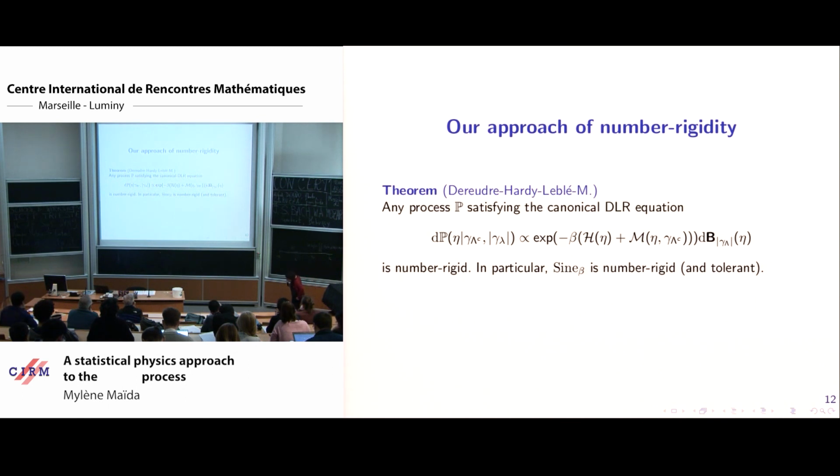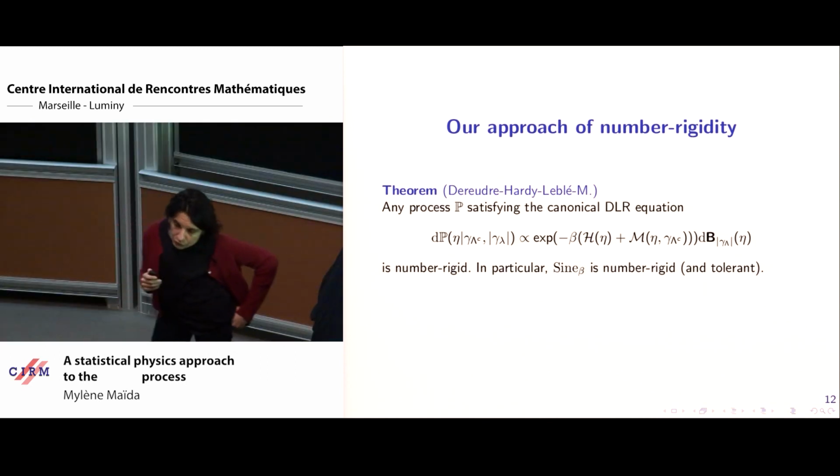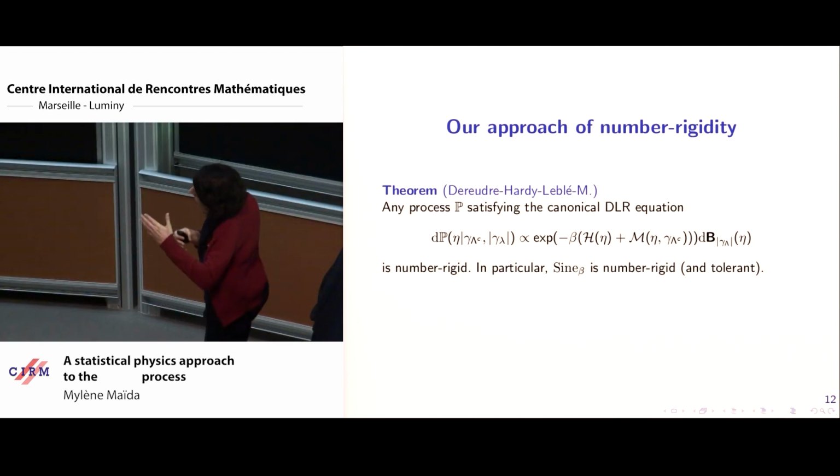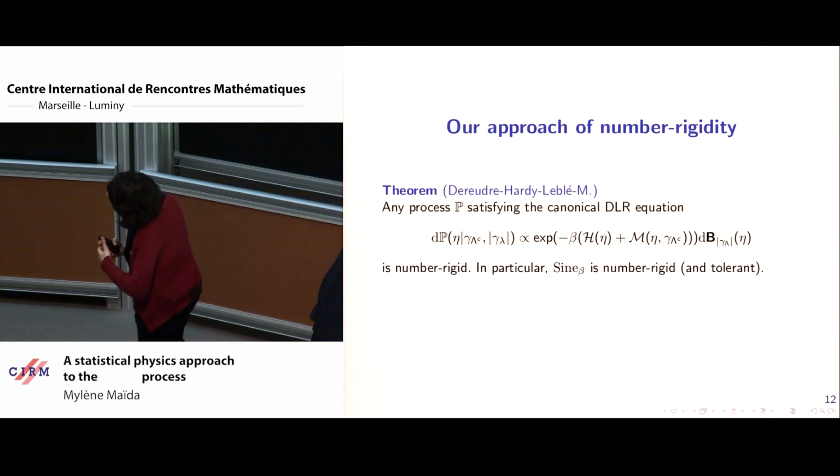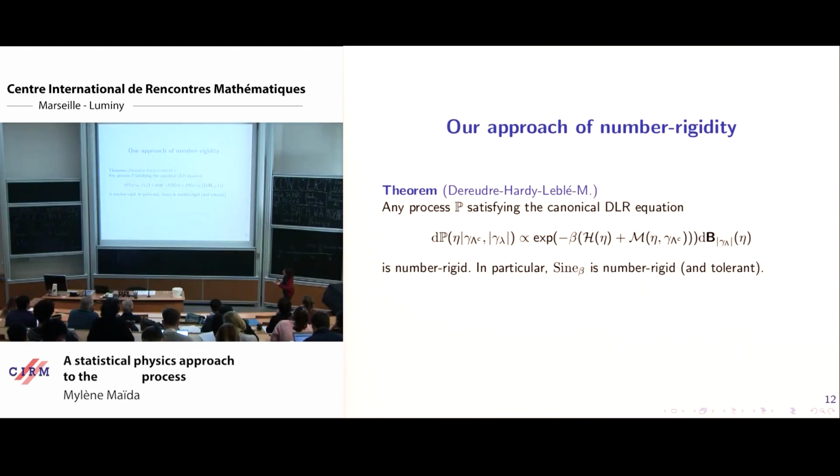Sorry, before going into the proof, usually when you look at the notion of rigidity, another notion going together with it is tolerance. It means that, okay, once I have a configuration outside, I know the number of points inside. But are there other quantities that are determined, or is the number of points the only one?